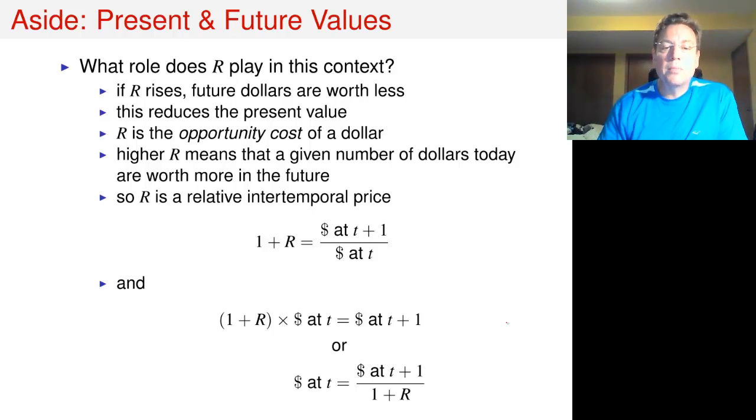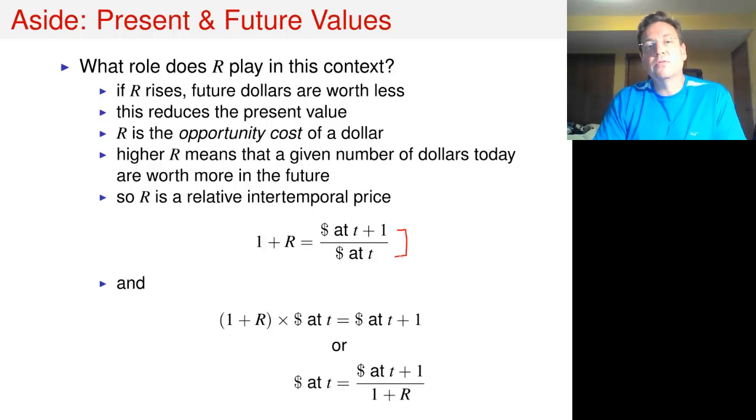So we can think about big R as a relative intertemporal price. In particular, 1 plus R is equal to dollars at t plus 1 divided by dollars at t. You can multiply this through: 1 plus R times dollars at t gives dollars at t plus 1. Or you can rewrite it so that the present value of dollars at t is equal to dollars at t plus 1 divided by 1 plus R.